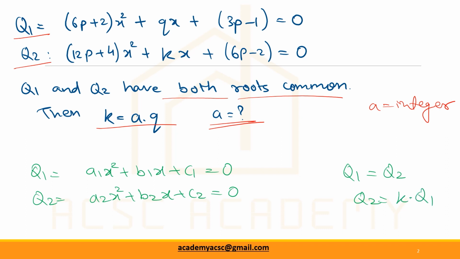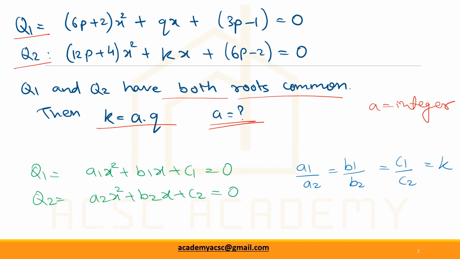They actually are equivalent of each other. There would be some constant multiplied throughout the given equation. So in such cases, instead of directly comparing the coefficients, we will do it like this: a1 by a2 equal to b1 by b2 equal to c1 by c2 equal to some constant k, by which Q1 was multiplied, and as a result we got Q2.